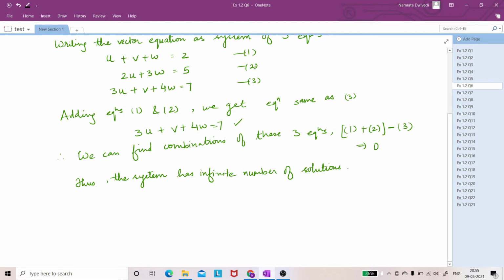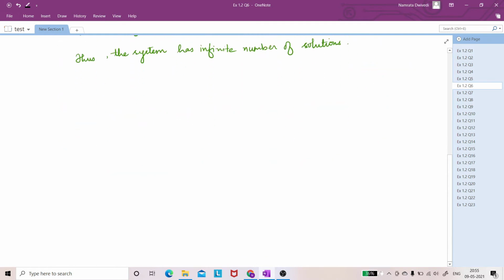Now from equation 2, we see that u is equal to 5 upon 2 minus 3 by 2 w, if we put it in terms of w.